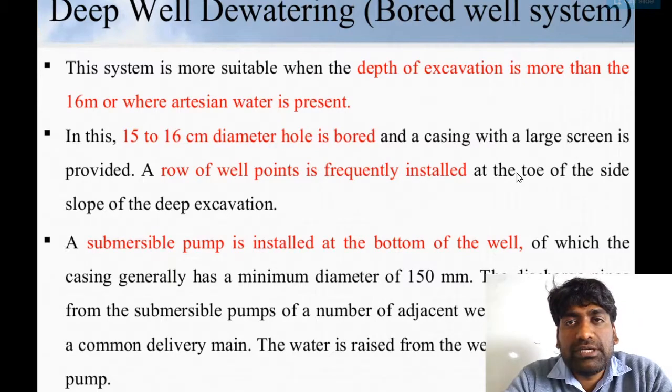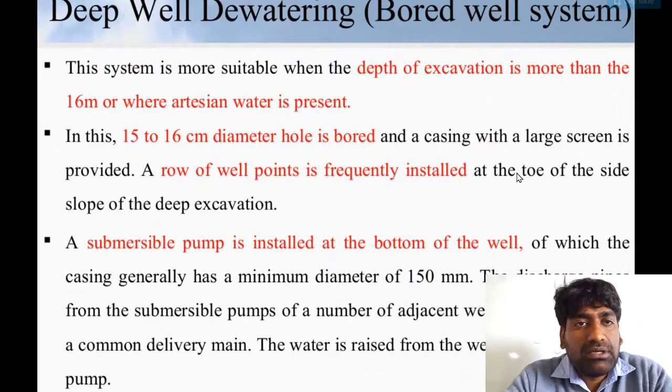Deep well dewatering, bored well system: this system is more suitable when the depth of the excavation is more than 16 meter or where artesian water is present. In this, a 15 to 16 centimeter diameter hole is bored and a casing with a large screen is provided. A row of well points is frequently installed at the toe of the side slope of the deep excavation.